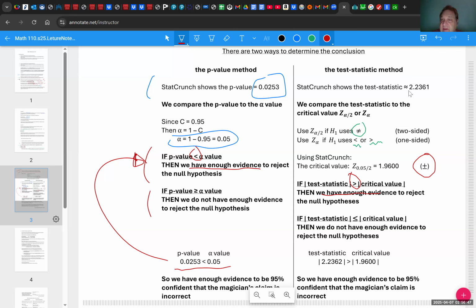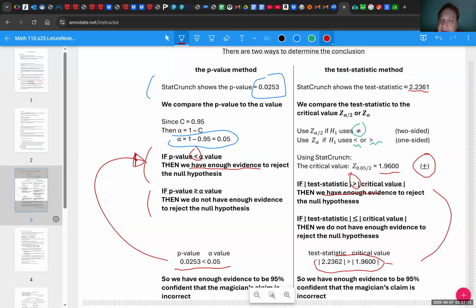So what is our test statistic? Well, that's the 2.23 number. What's our critical value? That's the 1.96 number. So I wrote them down here, test statistic and critical value. The test statistic was the 2.23 number, and the critical value was the 1.96 number. And the test statistic is greater than the critical value.